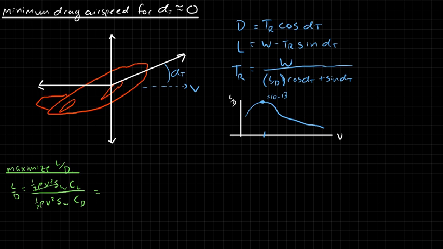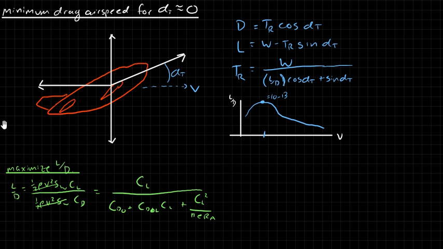Okay, now real quick we can see that these cancel out, and so we're left with C_L over C_D, but recall that C_D is a function of C_L, so we can write it like this: C_D0 plus C_D0L C_L plus C_L squared over pi e AR. So now we have the lift to drag ratio as a function of C_L. But notice we don't have velocity explicitly in here anywhere. Okay, so the velocity is built into the lift coefficient, but it's not in here explicitly.